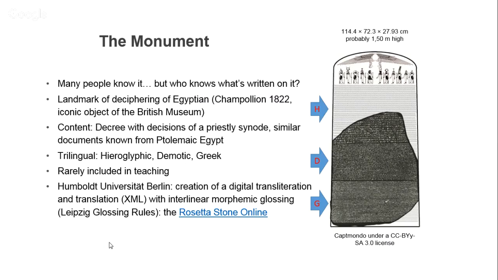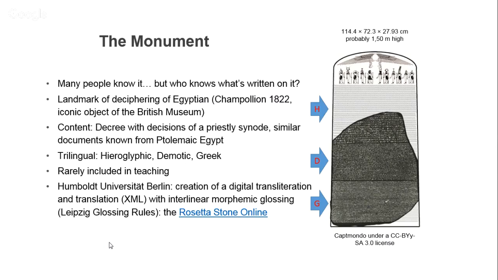And we do a digital humanities project, but we try to also think about these things, not to forget about the material culture. The Rosetta Stone is a decree with decisions from a priestly synod where the crown and the priests met in Memphis, basically from the Ptolemaic period, and we have a couple of such documents, and it was written up in a trilingual form.